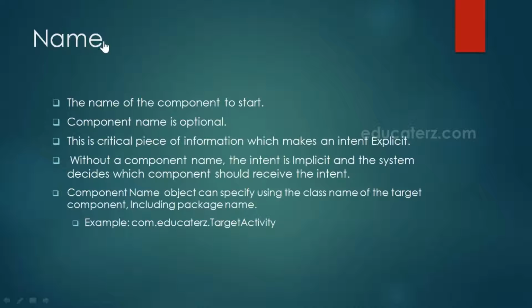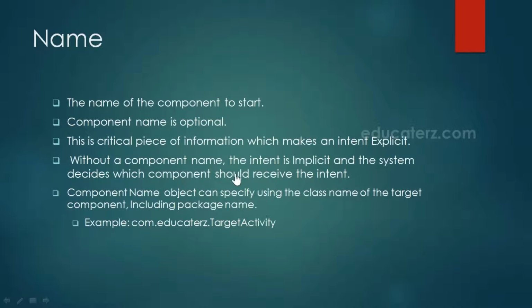Now let us see what the name is. The name contains the name of the application component to be started, and this name is optional. It is a critical piece of information which makes an intent explicit. Most of the time we use this in our explicit intents, where we send a target name to the intent.